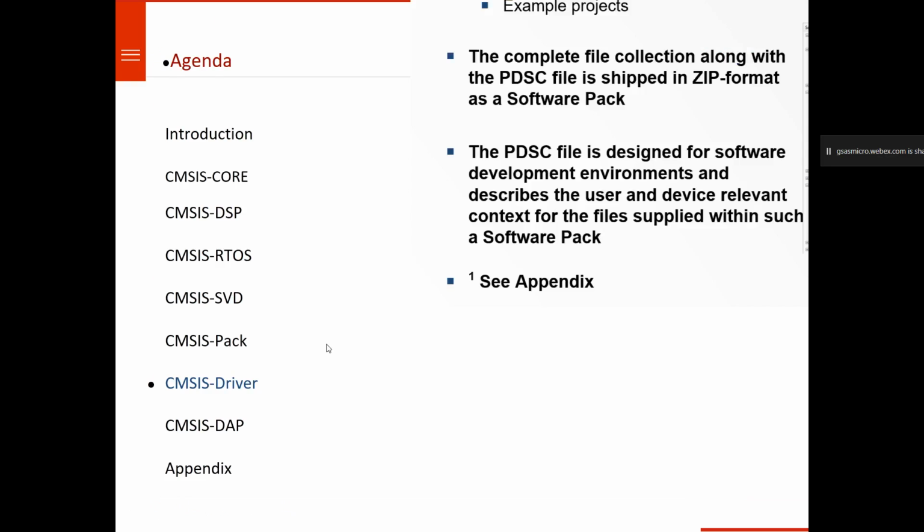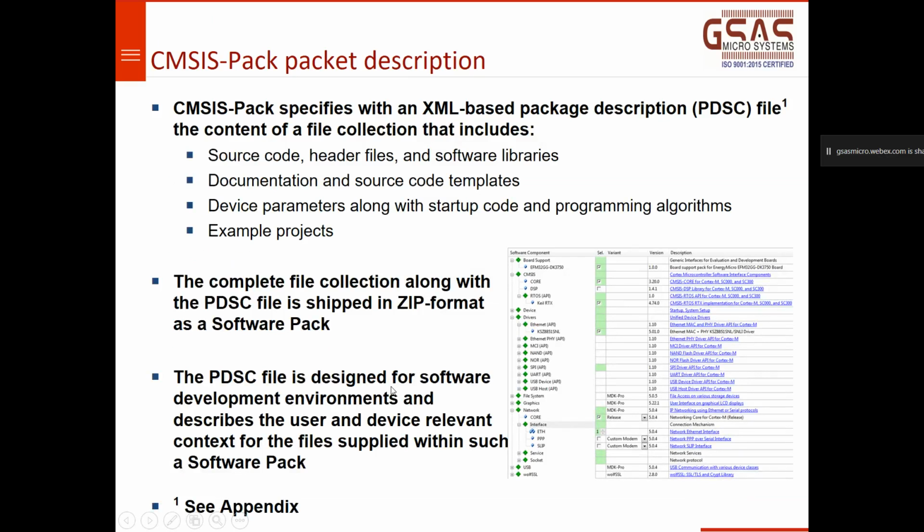This PDSC can be used in any environment which is CMSIS compliant, and it has all the files relevant for the user for developing the code for that specific device.